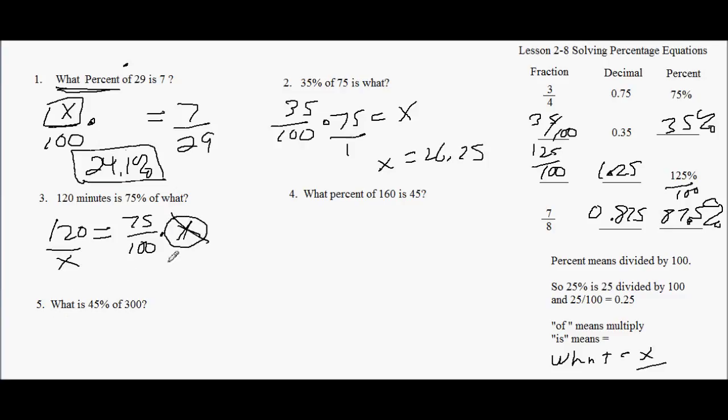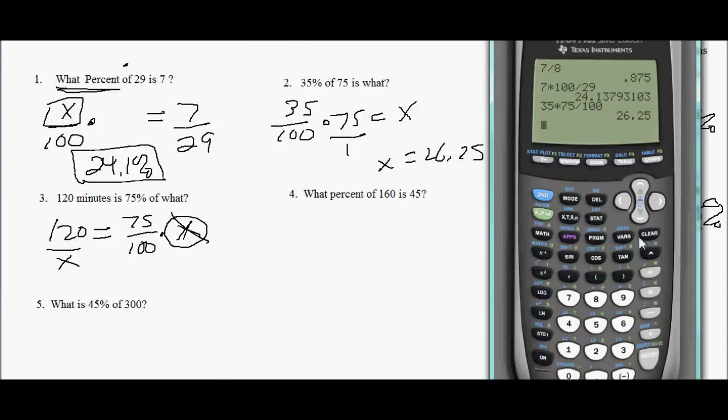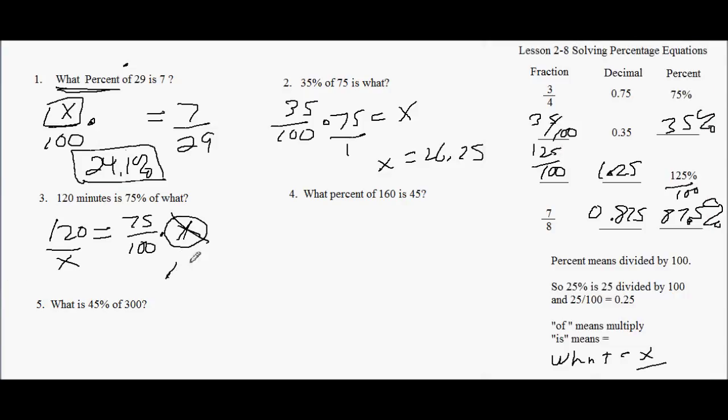And that goes away. Now I got to cross multiply. So if I take out my calculator, I clear this out, and I get 120 times 100, divided by 75. And I get 160. So 160.